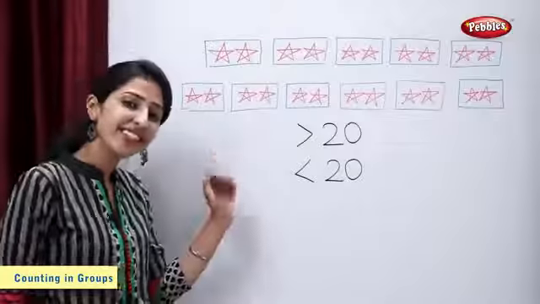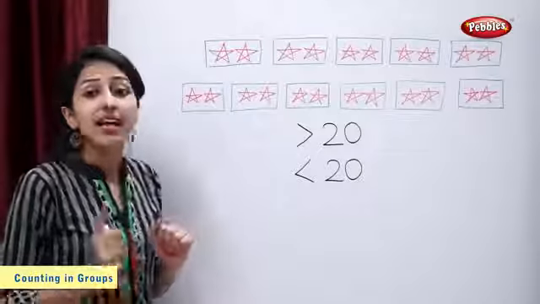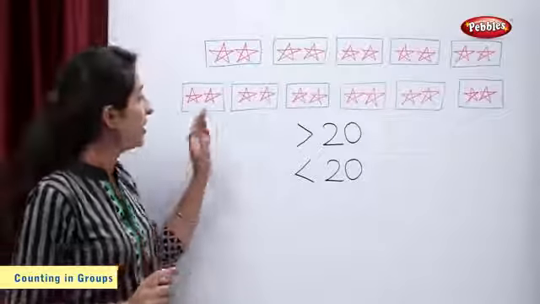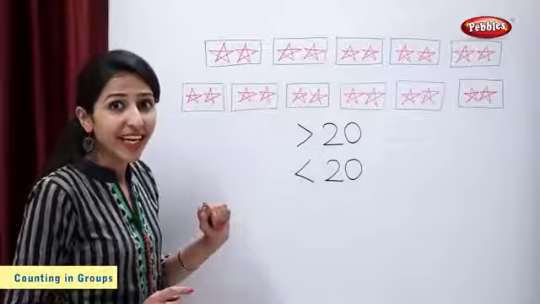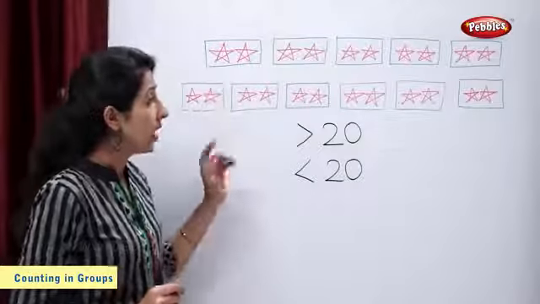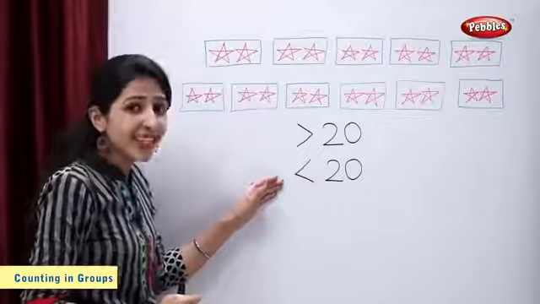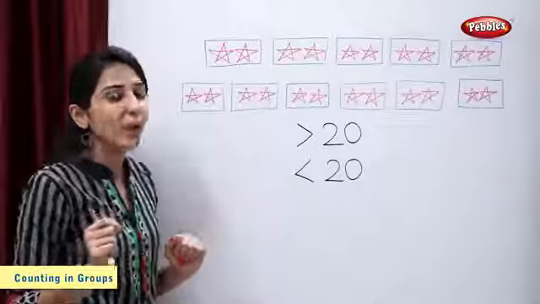Let's solve this example. There are stars on the board. These stars are arranged in pairs. Let's find out whether the total number of stars is more than 20 or less than 20. Let's count.